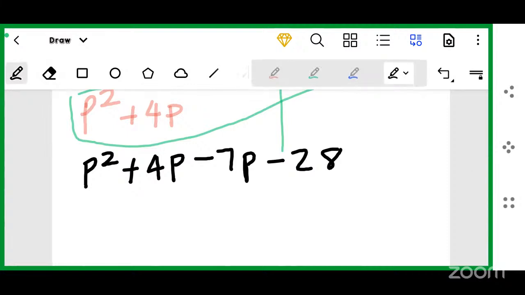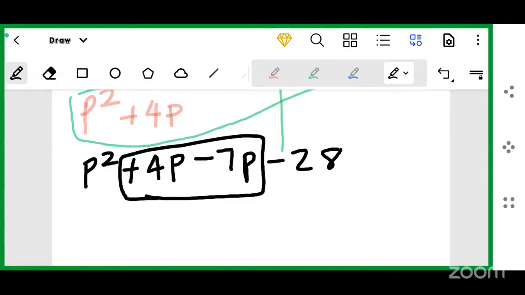Okay, perfect. So when you hit this in a calculator, what do you get? I got negative 3. Okay, so we write our negative 3.